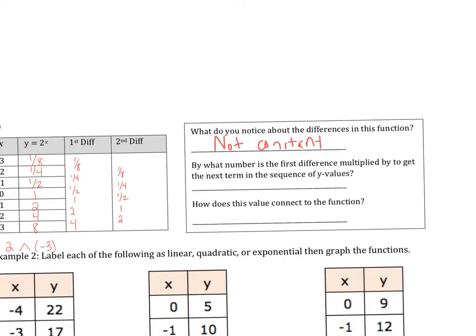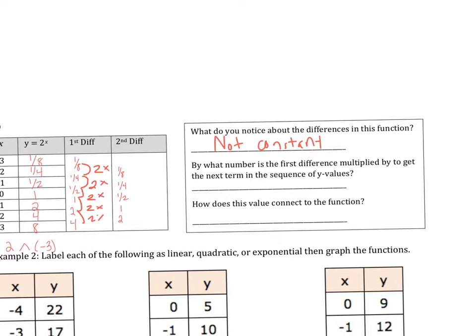By what number is the first difference multiplied to get to the next term in the sequence of y values? So this kind of tells us what we're looking at here. We're looking at the product that gets us between the first differences. And so between here and here, we multiply by 2, by 2, by 2, by 2, and by 2, and these are all multiplications.